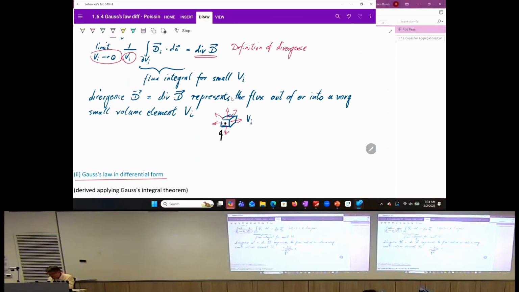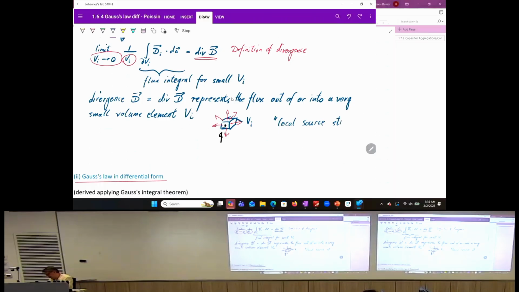And this is our small volume V sub I. And if you have locally some source, then this divergence will tell you that. So it's kind of a local source strength for the displacement field or the electric field. I put that in quotation marks.